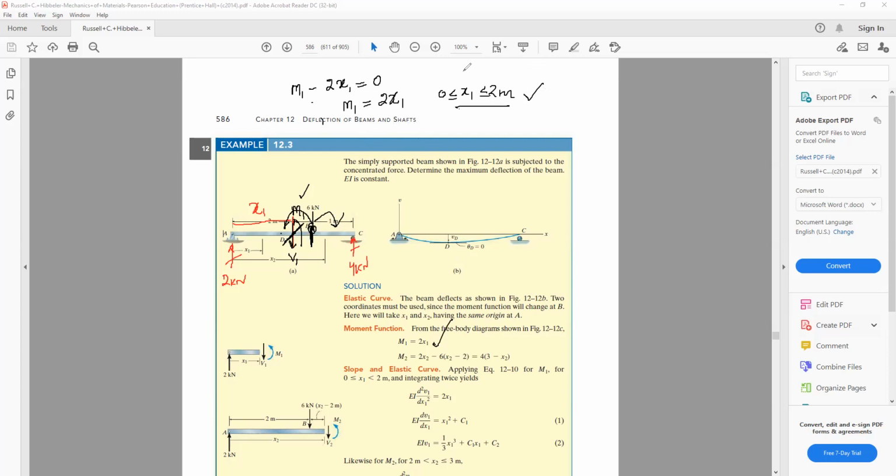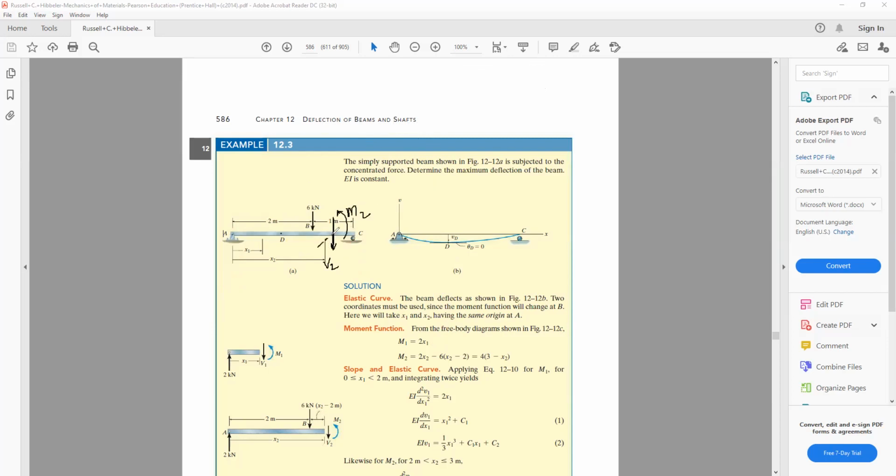Now we'll take one more section, and this section will be taken on the right hand side of this concentrated load, where we say let the shear force be V2, and let's suppose the bending moment here be equal to M2. Take the moments about an axis passing through this point where we had drawn the section.